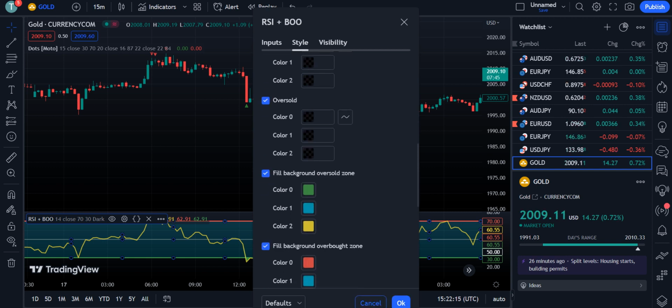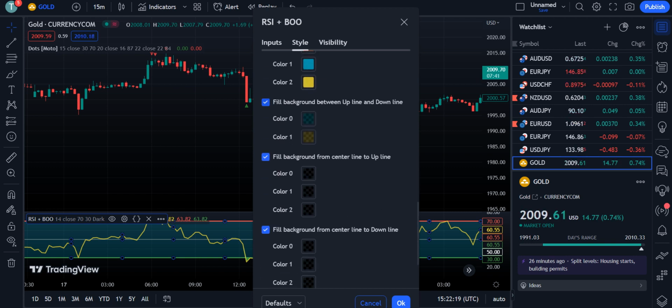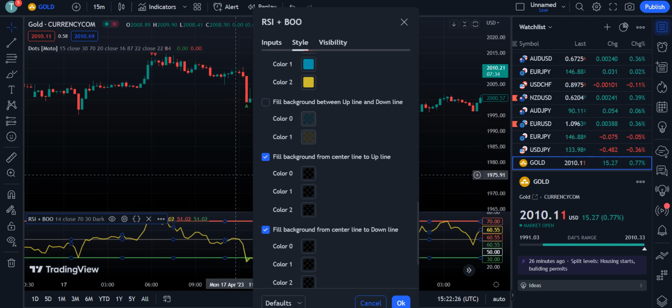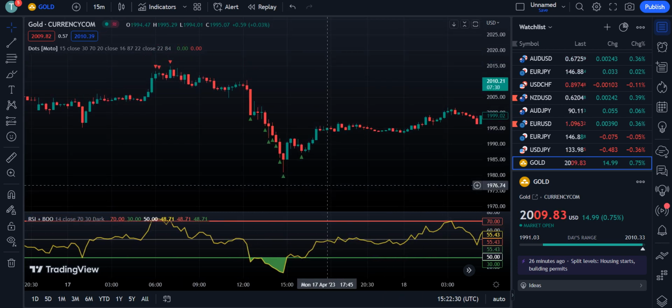Then go into the fill background between the up line and down line and uncheck it. Click OK, and that's all for its settings, and you can see it will look like this.